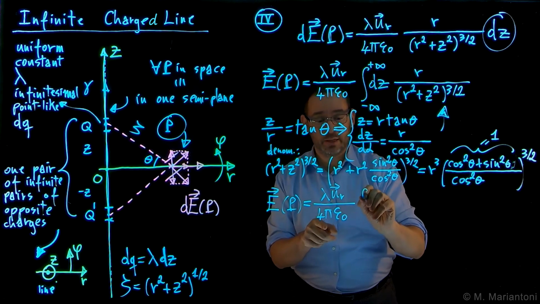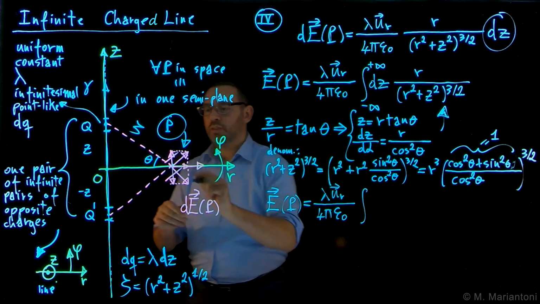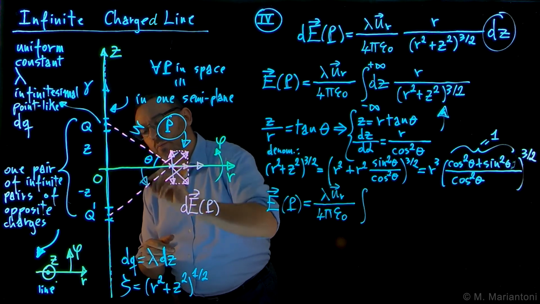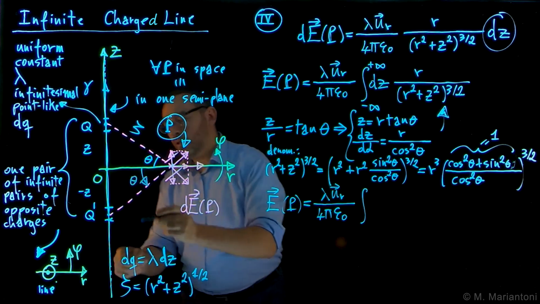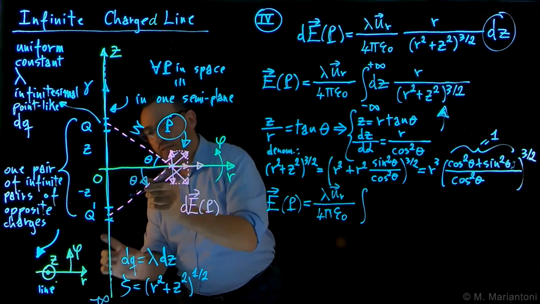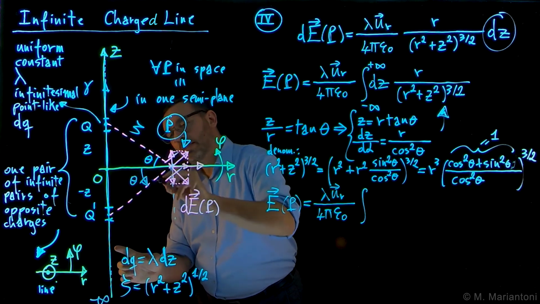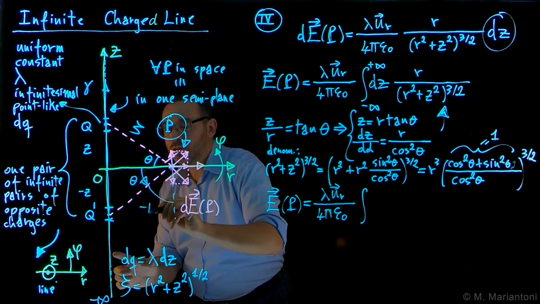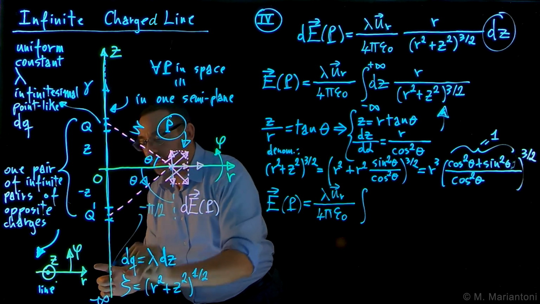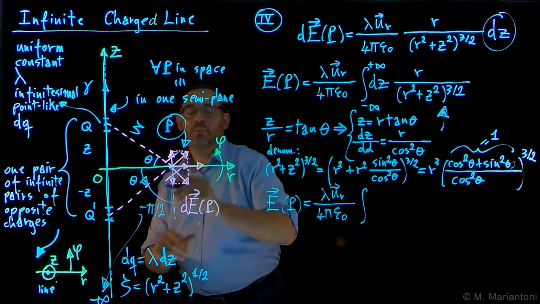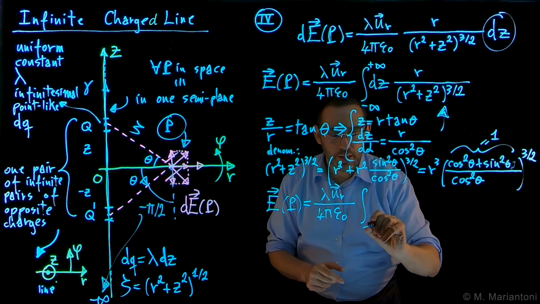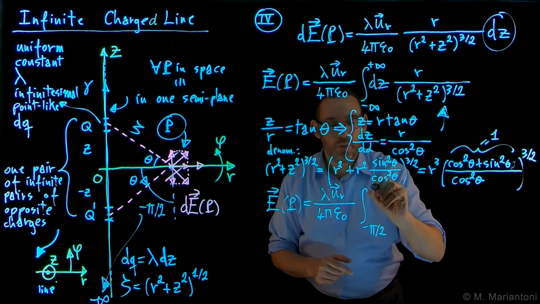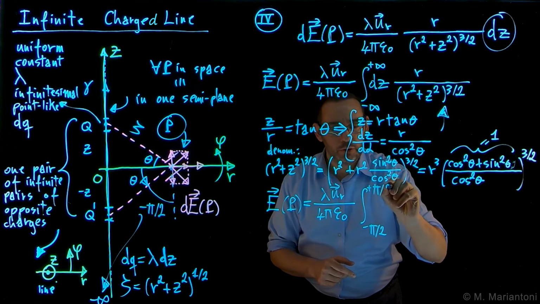So we have the integral. Now note that this is my angle theta below. So minus infinite is down here. When we are at minus infinite, theta is actually minus pi over 2, and similarly we have plus pi over 2 at plus infinite. So we go from minus to plus pi over 2.